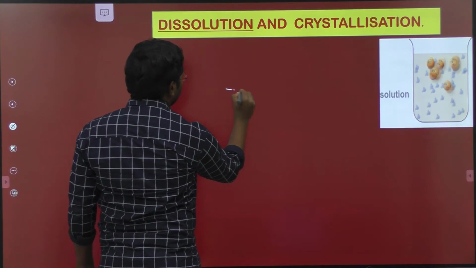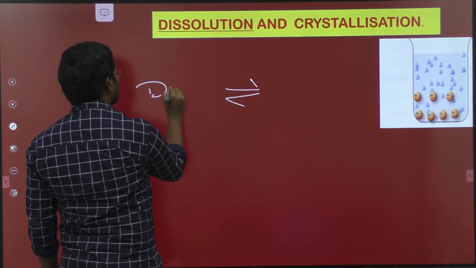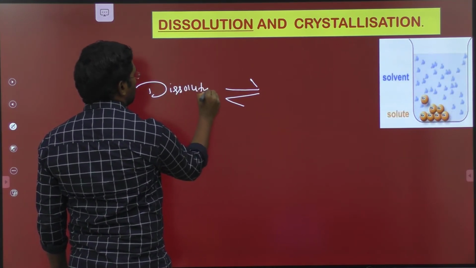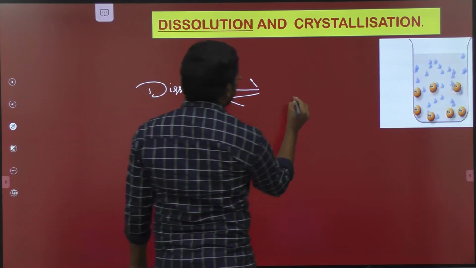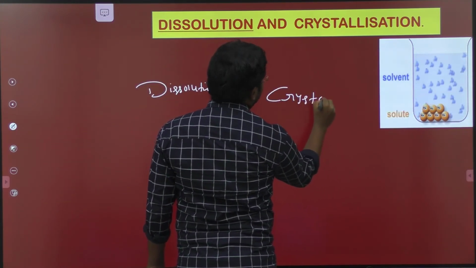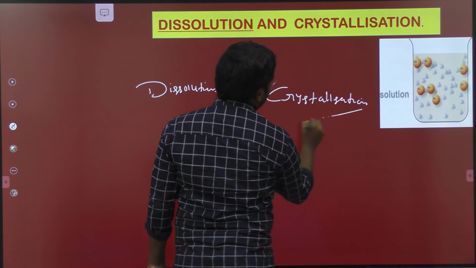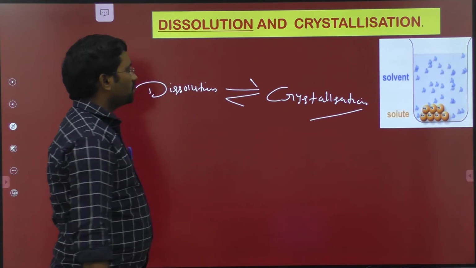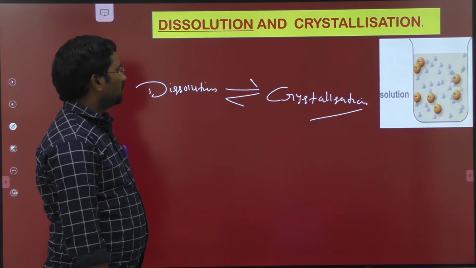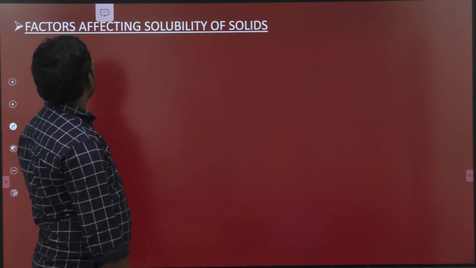Dynamic equilibrium can be represented by this symbol. So this is dissolution, and this is crystallization. When the rate of dissolution and the rate of crystallization are the same, the dynamic equilibrium is established.